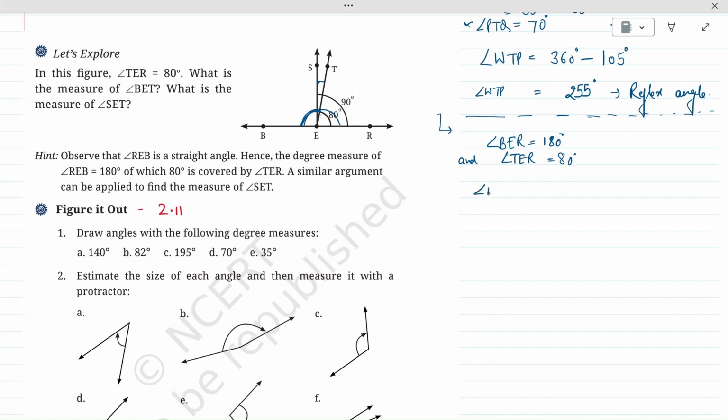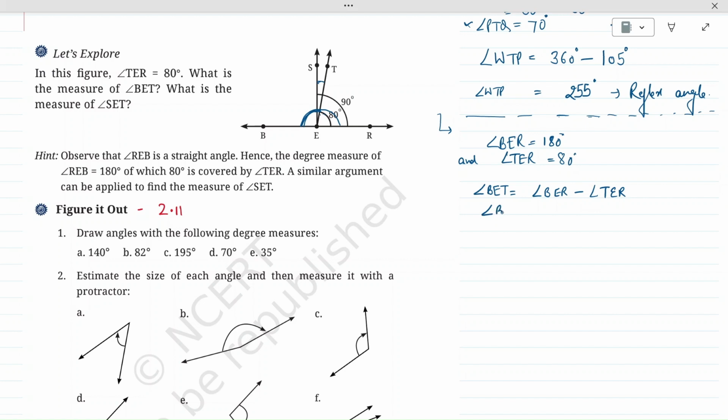So we can write angle BET is equal to angle BER minus angle TER.